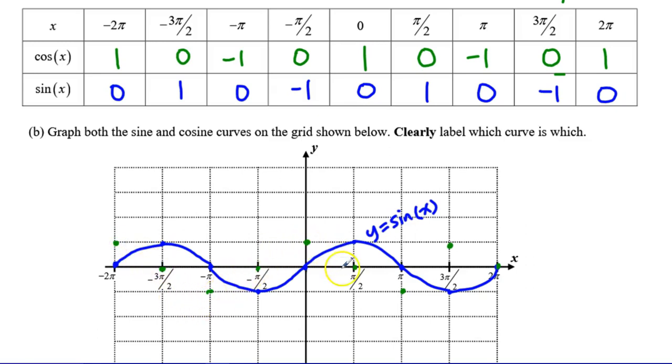Plot those points. You should have all of those points plotted, and then do your best to make the curve in between. You might notice I made some mistakes there plotting those points. I will get rid of those points. There and there. Make sure your 2 functions are labeled.